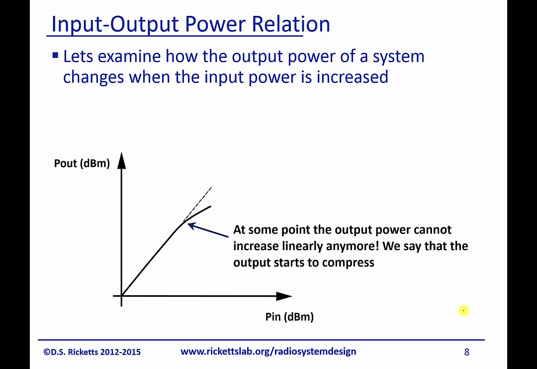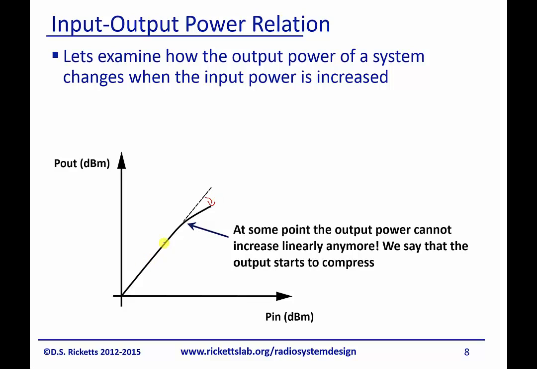But at some point, as the power increases, the amplifier stops being linear. And we say that the output starts to compress because typically the gain reduces. We'll talk later, it could expand, but most systems, particularly if you're reaching a maximum voltage or a maximum power output, tend to compress, meaning the gain gets less.